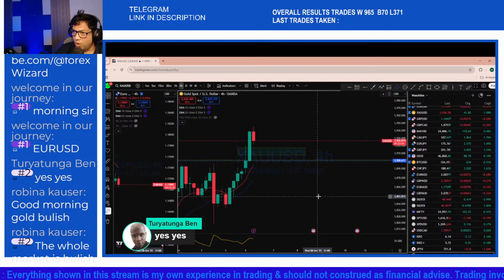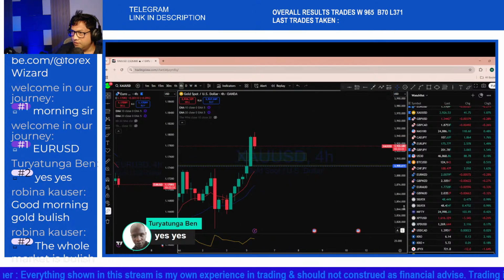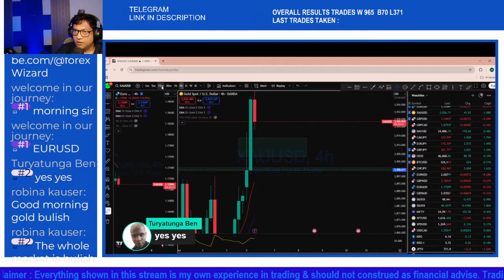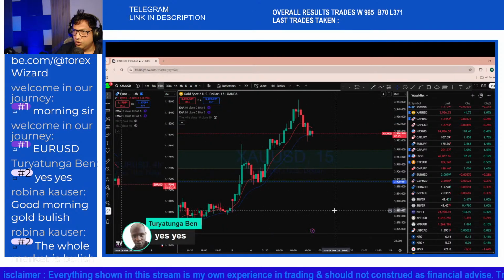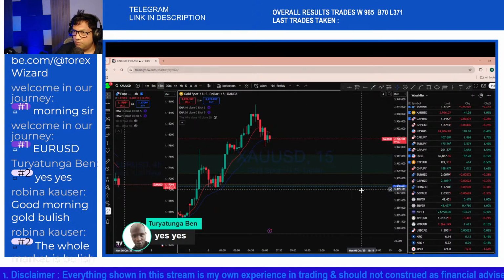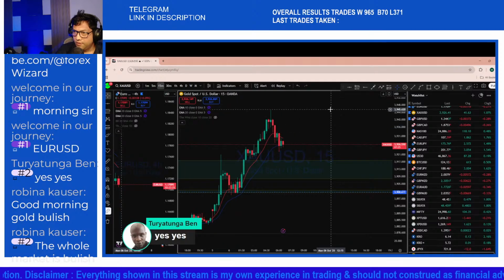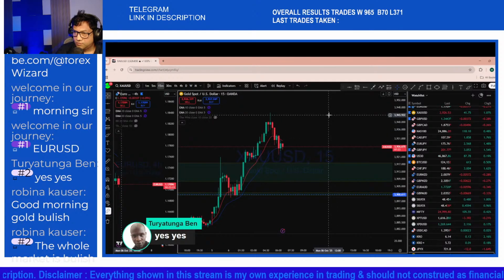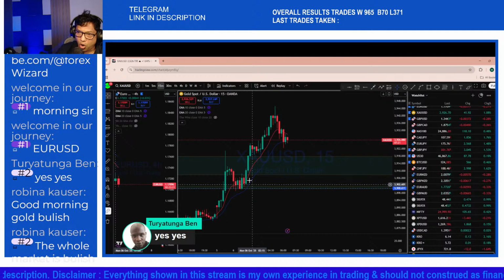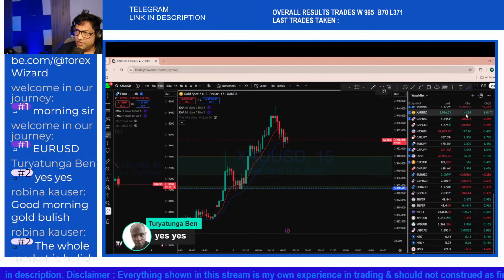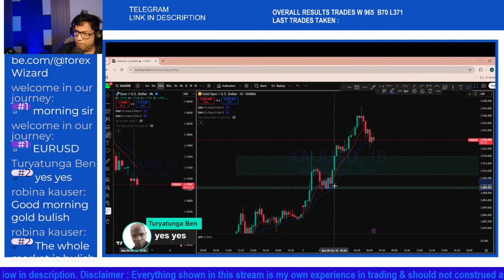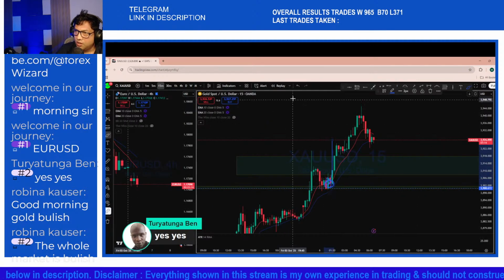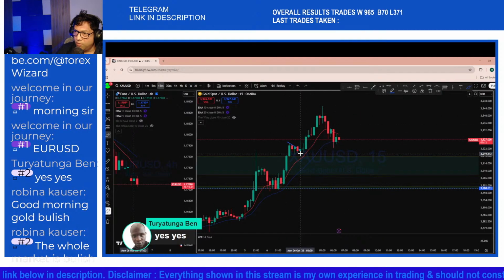3917, which is the current support. And also this is an order block here. In that area, the market initially bounced off this order block and moved back to the upside, pullback, another pullback.